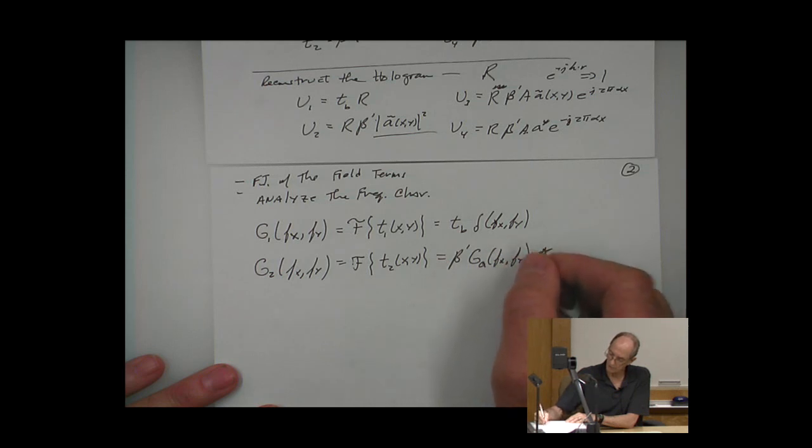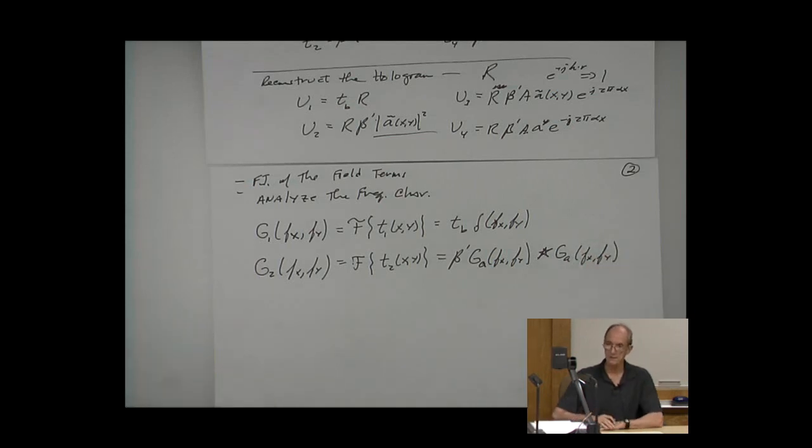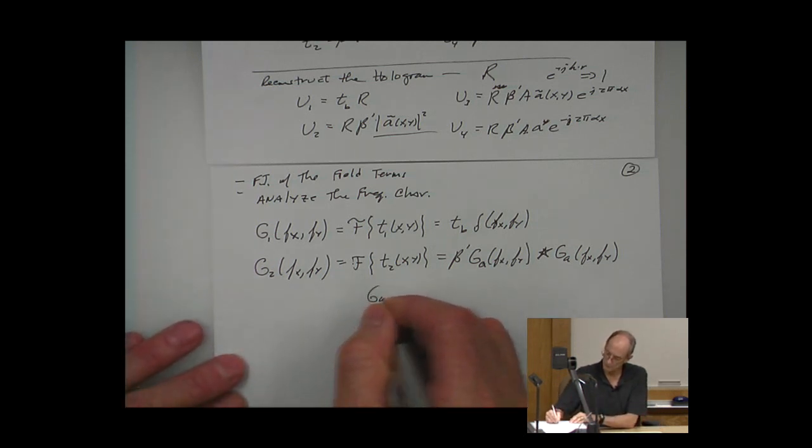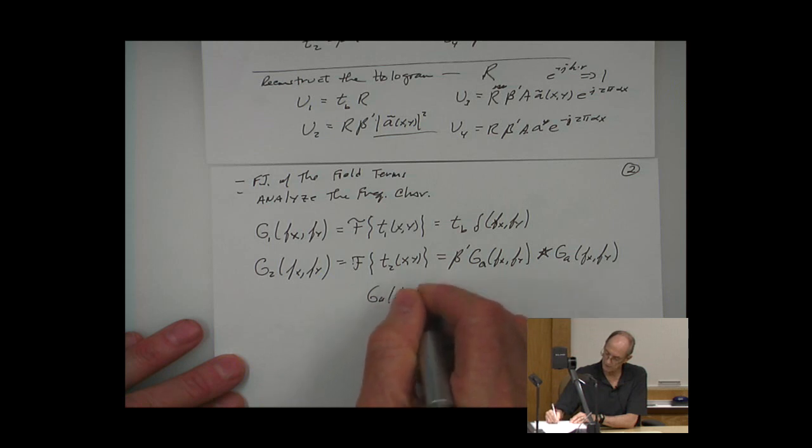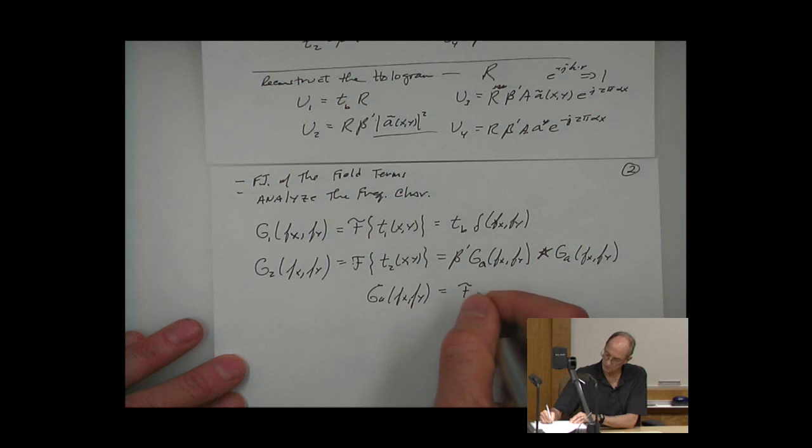Again, it's the autocorrelation function with itself, back from our Fourier definitions from the first part of this. And this G sub A of fx, fy is equal to the Fourier transform of A of xy.